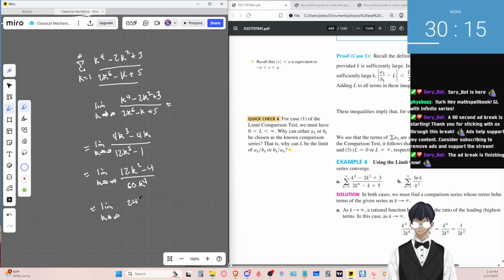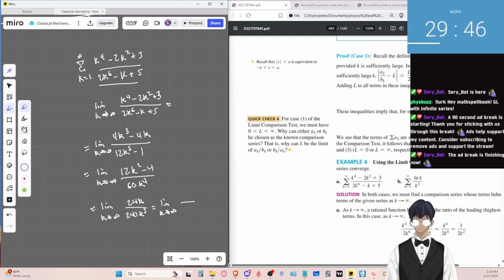So then we get 24k, and then this would be 3. And then we can just reduce this to 0. Oh, what a coincidence. We can actually reduce it even more.